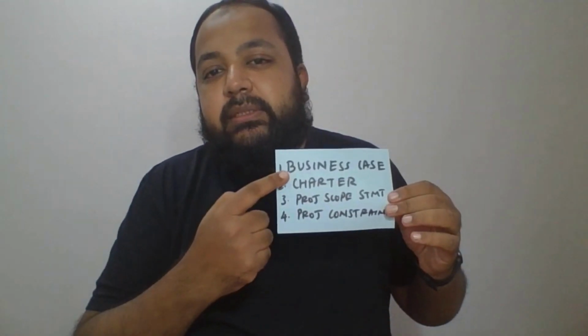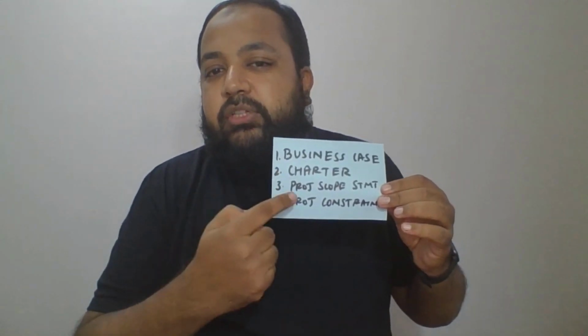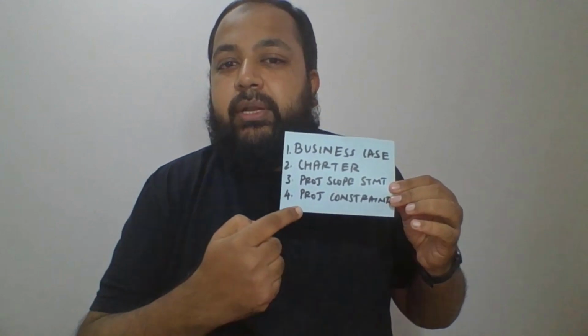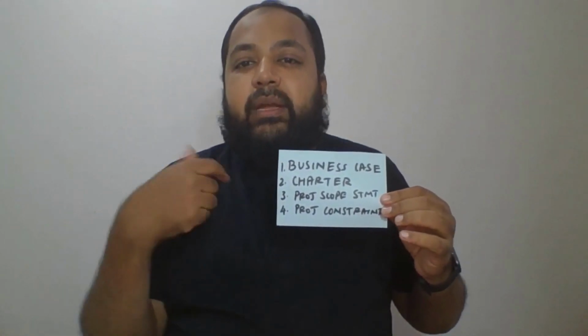Now, which are you going to weigh? For that case, you refer to the business case, the charter, the project scope statement, and then the project constraints. You refer to all this and then you take a decision. If the project constraint says we must go live on this date, end of the month, then nothing else can be added now. Okay, fine. That's about the collect requirements process.